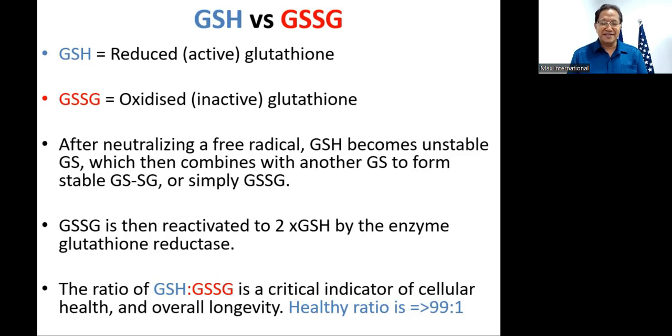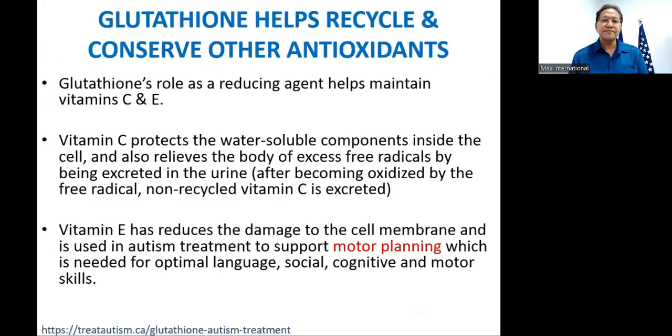That's how critical it is. And the healthy ratio is more than 99:1. That means that at all times, there's a lot more of the reduced active glutathione ready to fight the free radicals and rescue the cells. If it's lower than that, that means you're not healthy already.